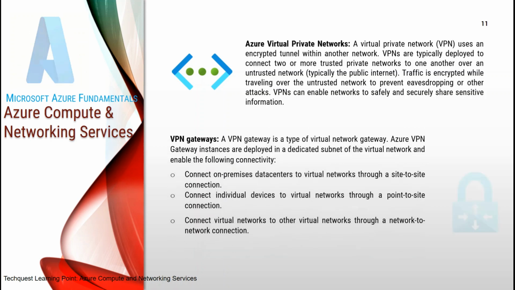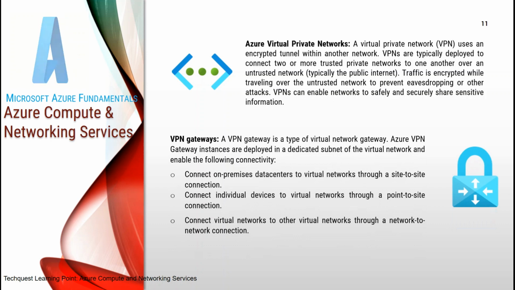VPN gateways. A VPN gateway is a type of virtual network gateway. Azure VPN gateway instances are deployed in a dedicated subnet of the virtual network and enable the following connectivity. Connect on-premises data centers to virtual networks through a site-to-site connection.